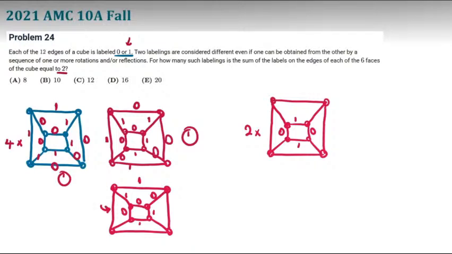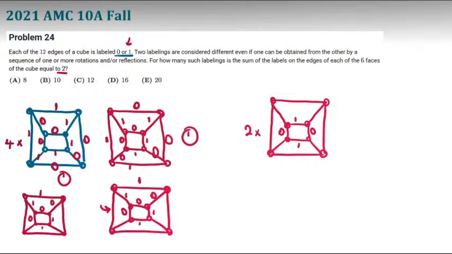Now let's consider, for example, this edge. So I draw another one. So it will be 1, 1, 0, 0, 1, 1, 0.